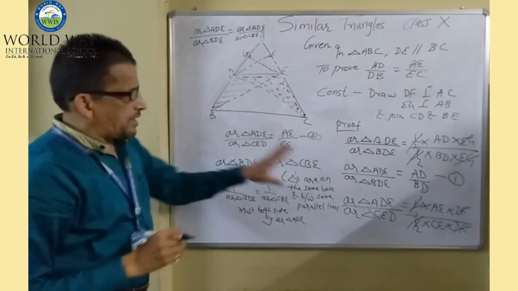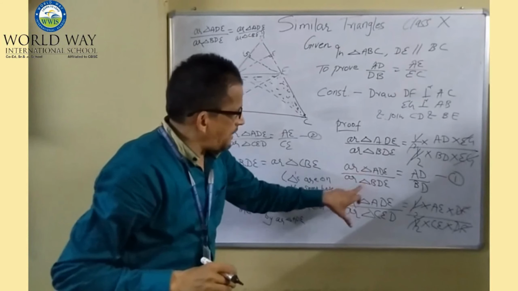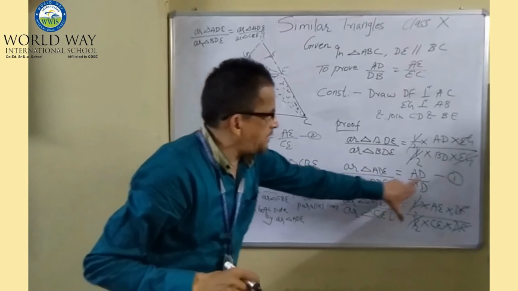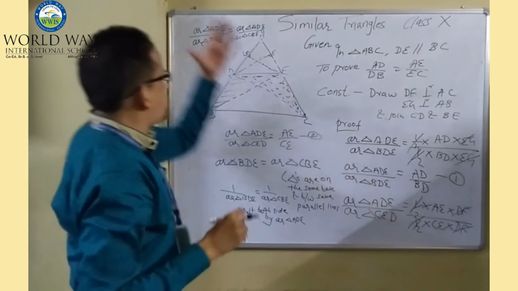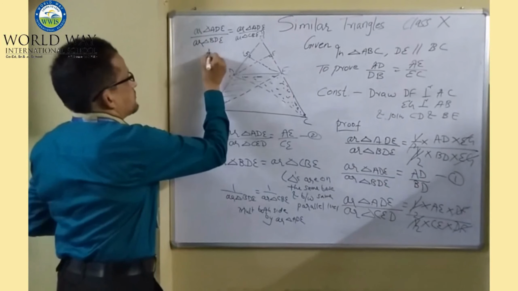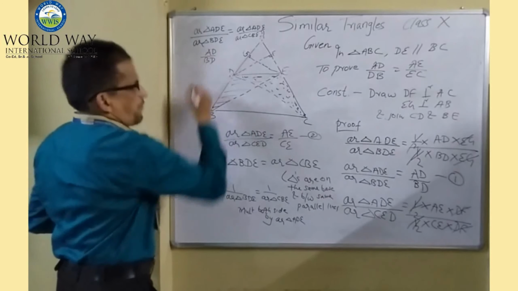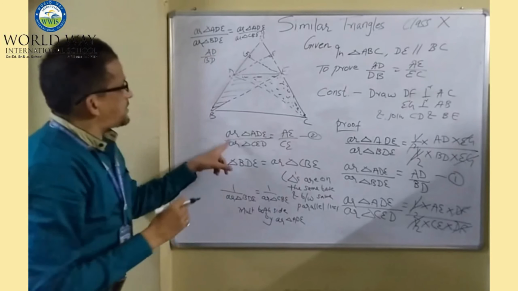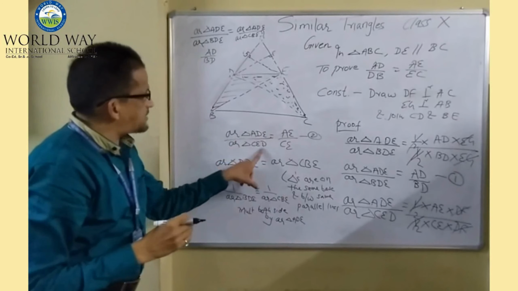From equation 1, area of triangle ADE upon area of triangle BDE is equal to AD upon BD, put here. And from equation 2, what is the ratio of area of triangle ADE and area of triangle CED?